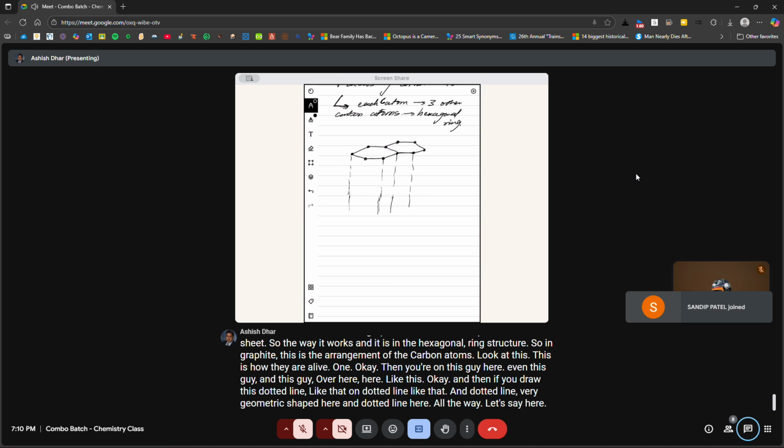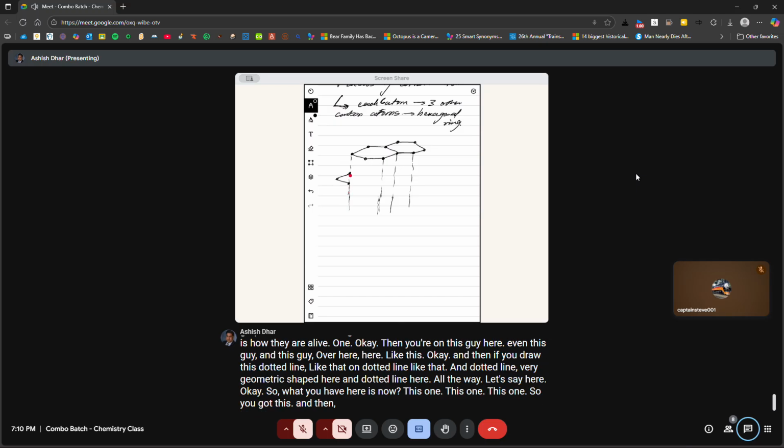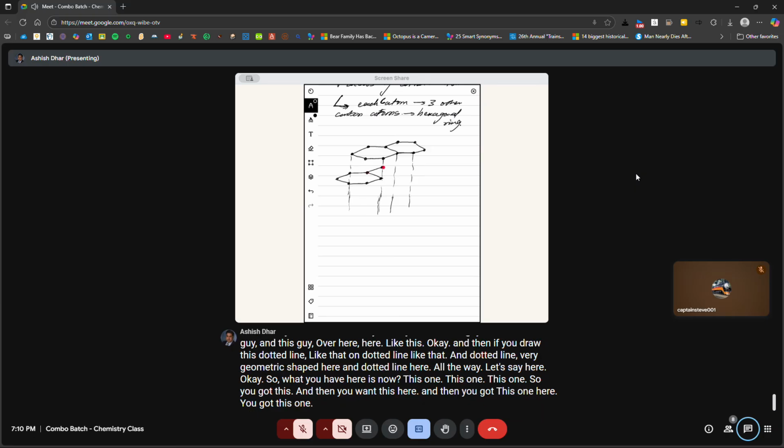So what you have here is now this one, this one, this one. You got this, and then you got this one here. Very geometric shape, very aligned, but very different.